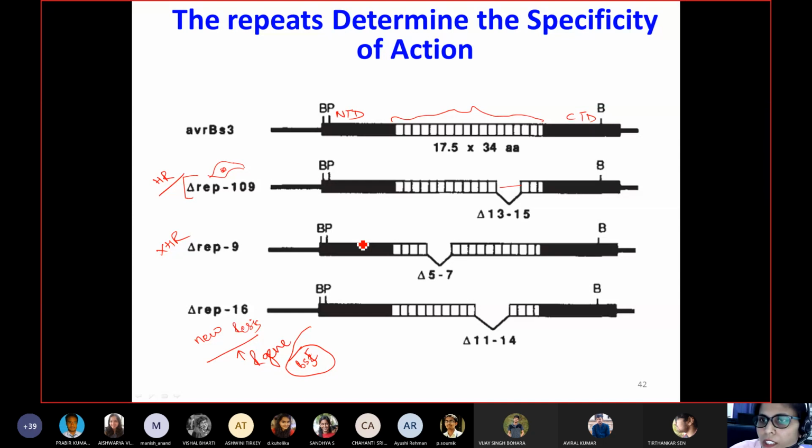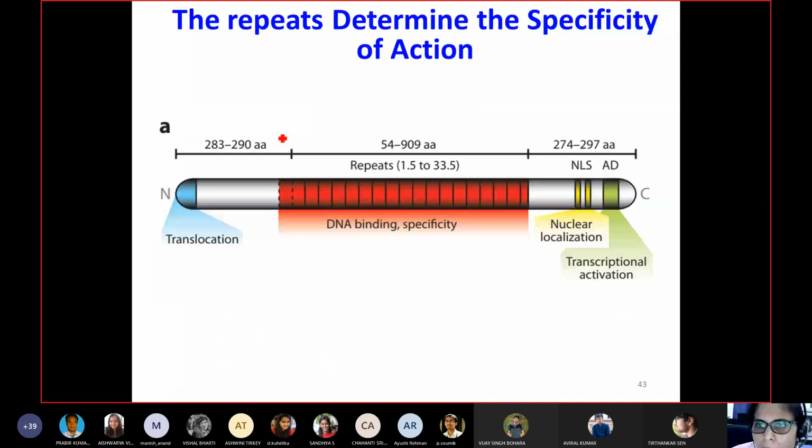In the AVR gene there are 17.5 repeats, whereas in other avirulence genes it differs from 1.5 to 33.5 repeats, or maybe other numbers have been found. Each repeat is made up of 102 base pairs, which means you have 34 amino acids here.